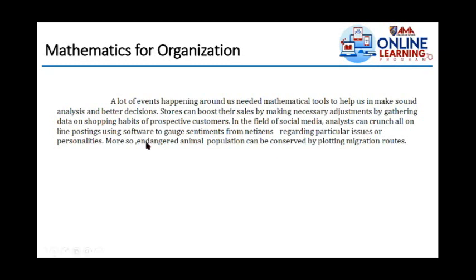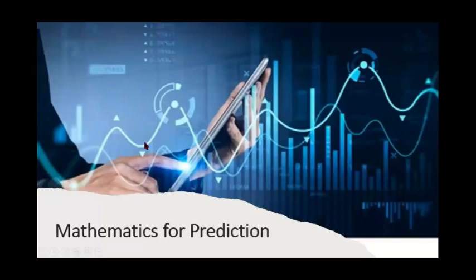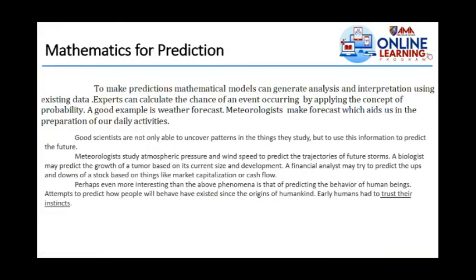Let's go with the next slide. Mathematics for prediction. So again, na-discuss ko na yung mathematics for prediction. Mathematics for prediction is you are creating a prediction using mathematics. So again, ulitin natin yung example ko kanina, yung weather forecasting is one of predicting the weather using mathematics.